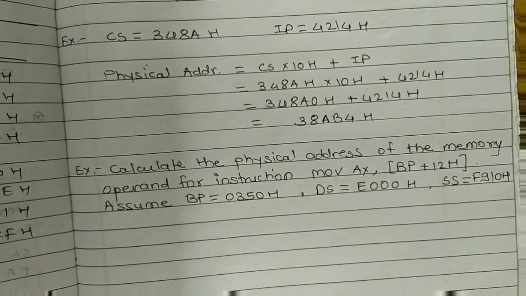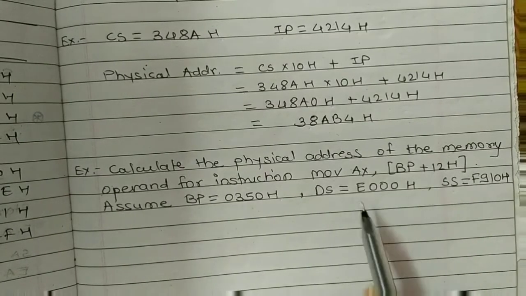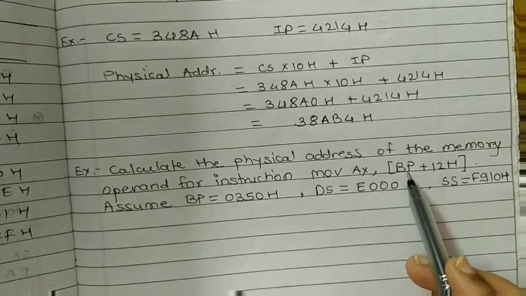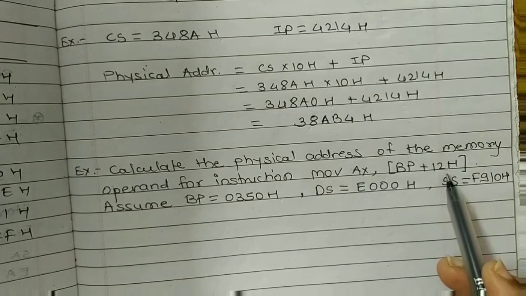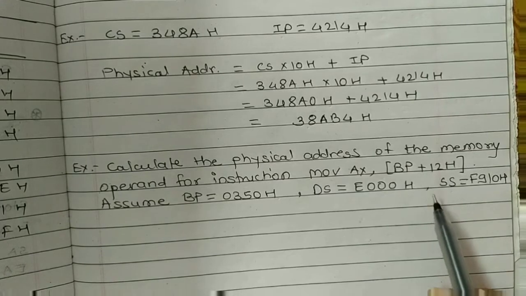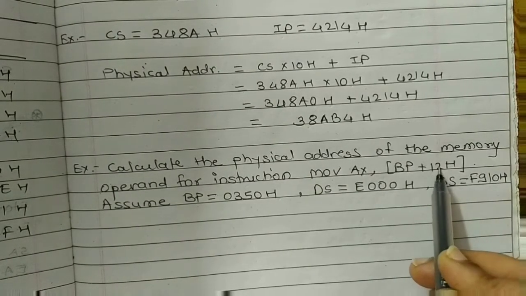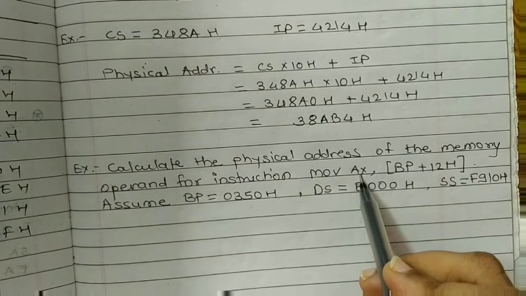Now what is this instruction? MOV AX, in the square bracket BP plus 12H, means contents from memory location pointed by BP plus 12H have to be moved into the AX register.